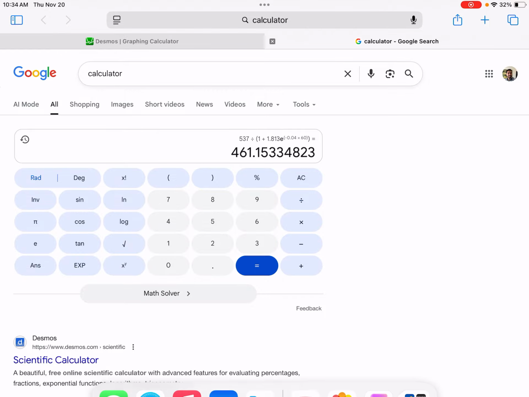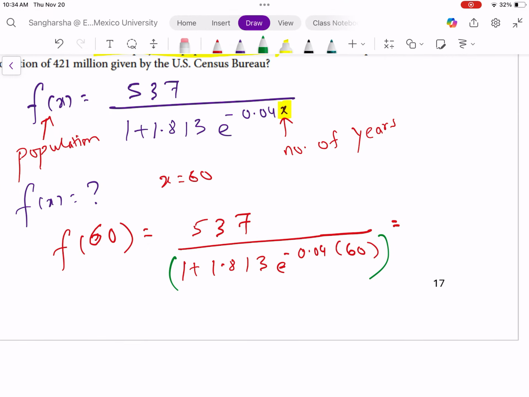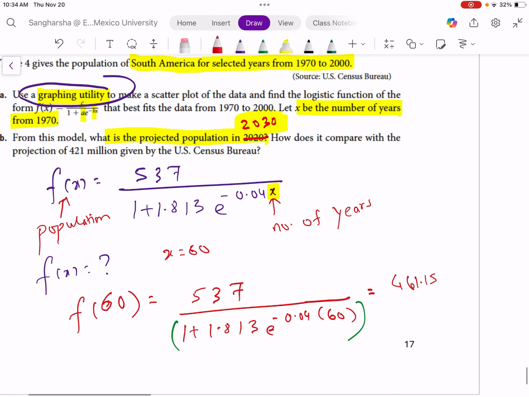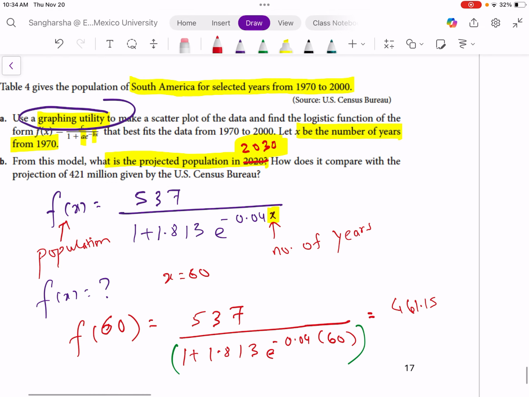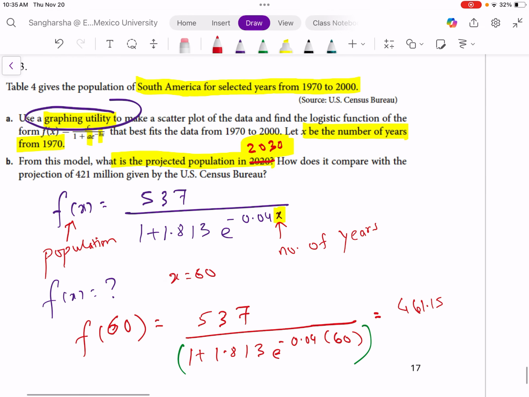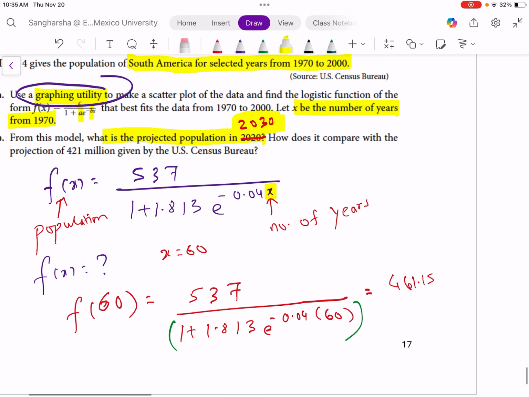Now I think we should get 461.15. It should be in millions. So the population of South America in 2030 will be 461.15 million. That's our projection.